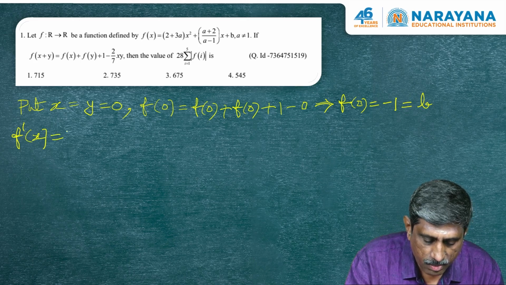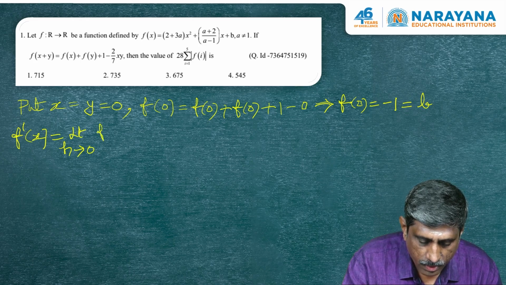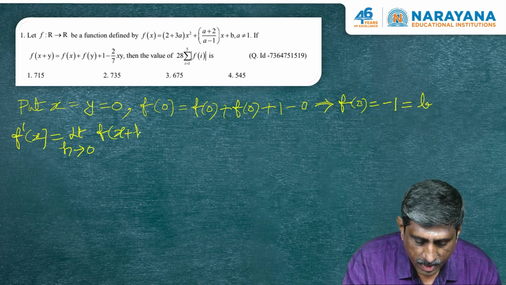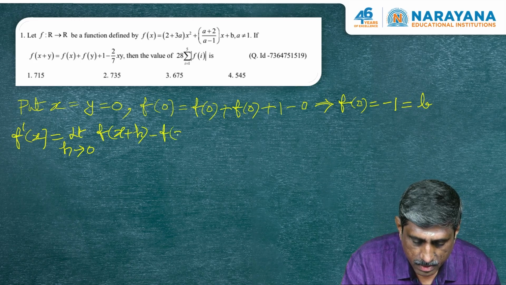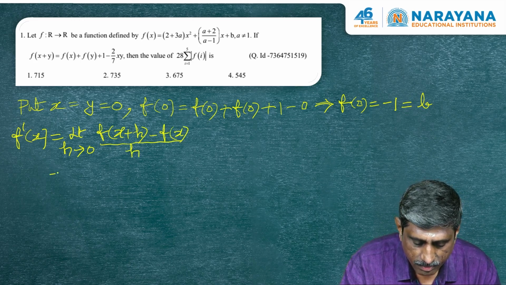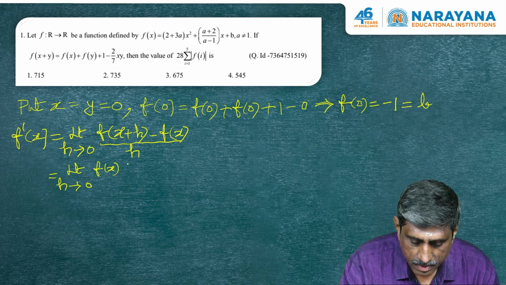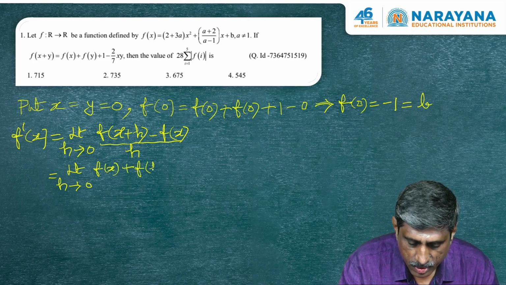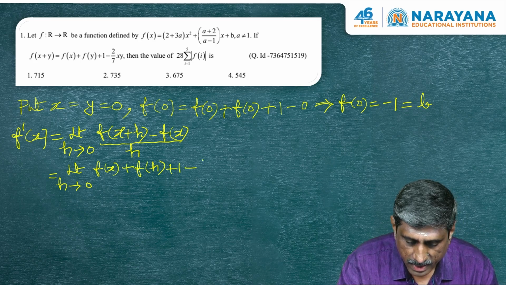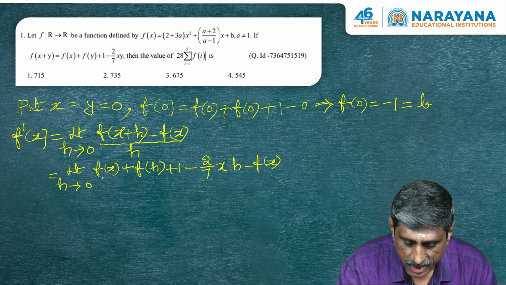F dash of x is equal to limit h tends to 0 f of x plus h minus f of x divided by h, and when we apply the relation here, f of x plus h will become f of x plus f of h plus 1 minus 2 by 7 into x into h, minus f of x, whole divided by h.